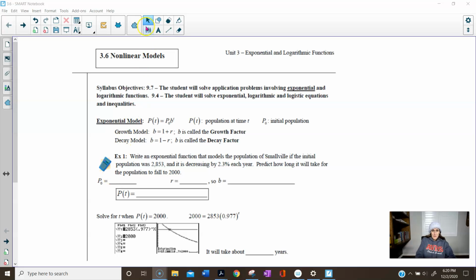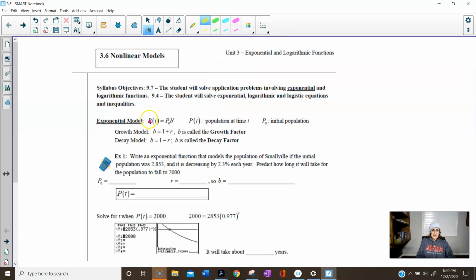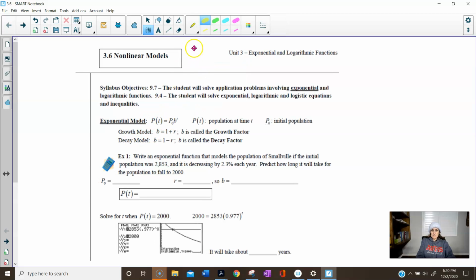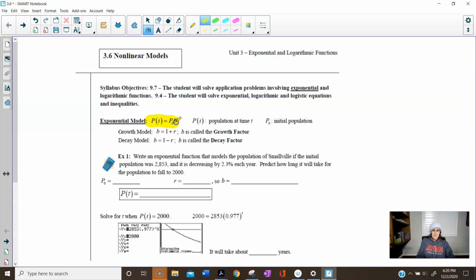So exponential models, we have talked about this formula in class, and that formula is population in terms of time. You can use A. This formula is using P sub O times your base raised to the T, or the time.